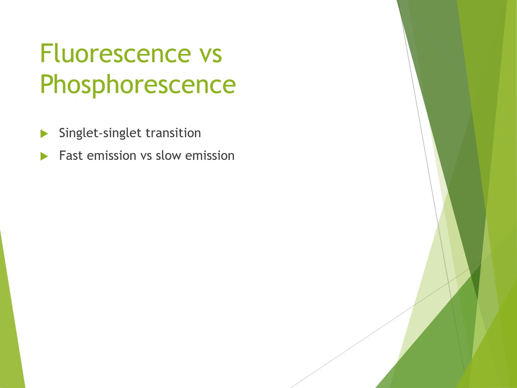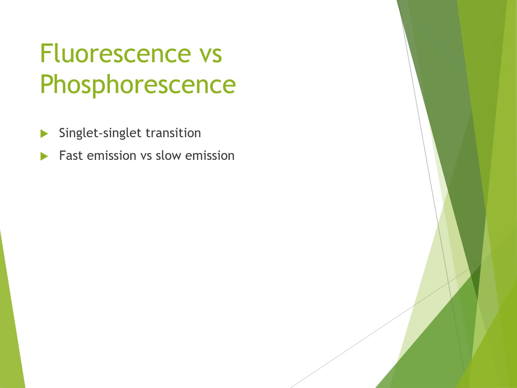Now let us discuss the difference between fluorescence and phosphorescence. Fluorescence involves singlet to singlet transitions and is very fast. However, phosphorescence involves the triplet state and is very slow and prolonged.